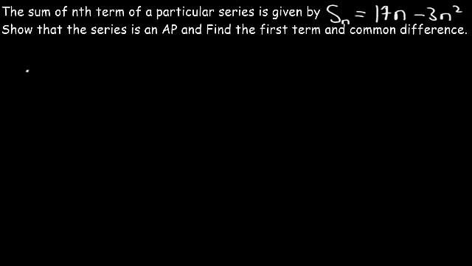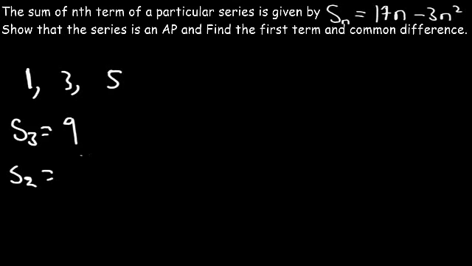If you have a certain progression, typically an AP, let's consider the odd numbers 1, 3, and 5. What exactly is S sub 3 of this AP? It means that S sub 3 of this AP is just going to be 9. Now what about S sub 2? S sub 2 is going to be 4.